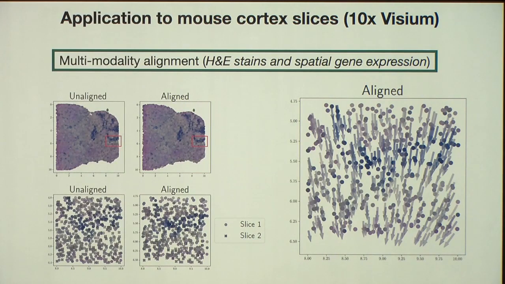Our model also easily extends to account for multiple modalities of data if they exist. What I talked about before is just spatial gene expression, but often you have multiple different types of phenotypic readouts across a certain tissue. As one example of this, we also applied our model to the Visium data again, but this time we not only used the spatial gene expression data, we also included the H&E stains.